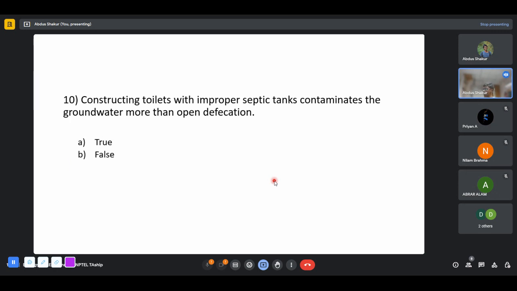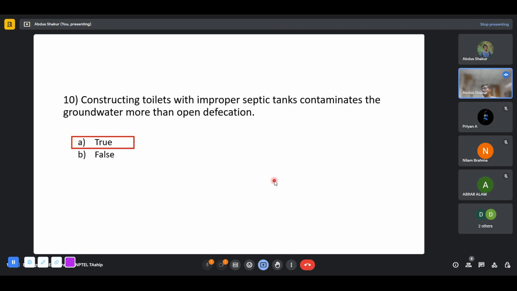Constructing toilets with improper septic tanks contaminates the groundwater more than open defecation. It's true, because when we have improper septic tanks, there is a continuous seepage of all these discharges into the ground at a single point.